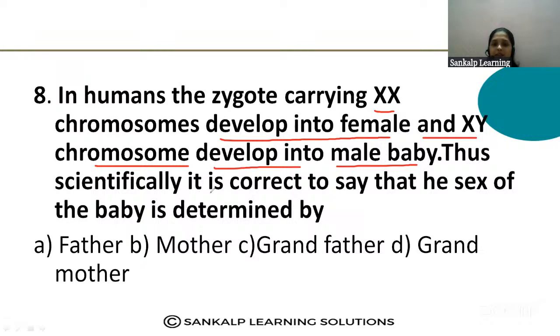Thus, scientifically, it is correct to say that the sex of the baby is determined by father, mother, grandfather, and grandmother. What is the correct answer? The sex of the baby is determined by, yes, write down the answer.